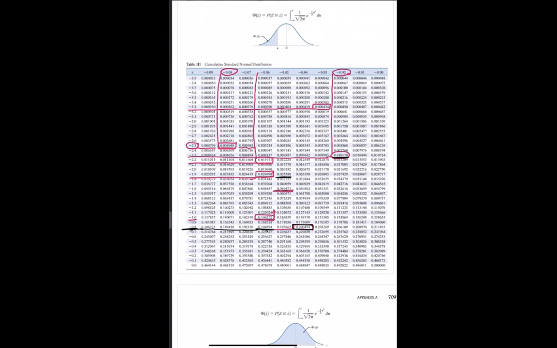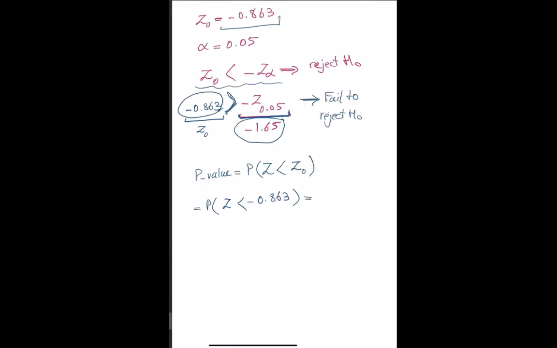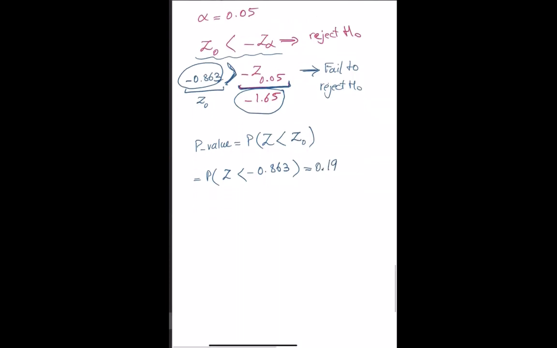Minus 0.8 is this row here, 86 is this. That gives 0.19. Okay, so that's the probability that I obtained from the z table.